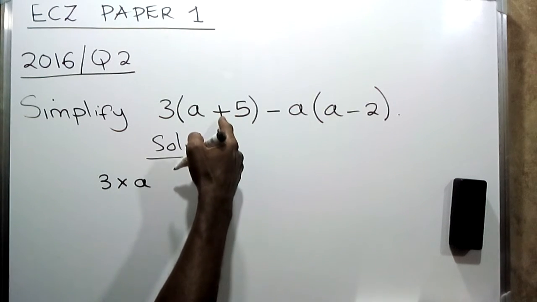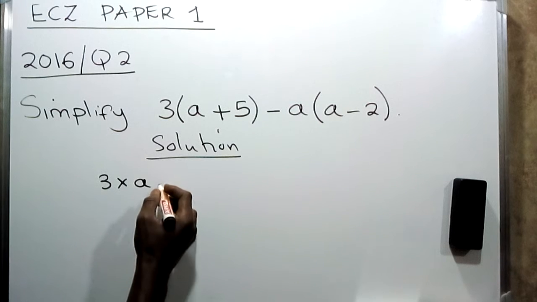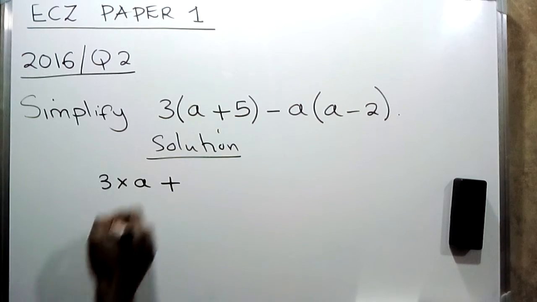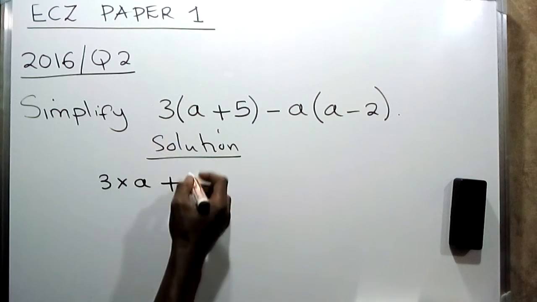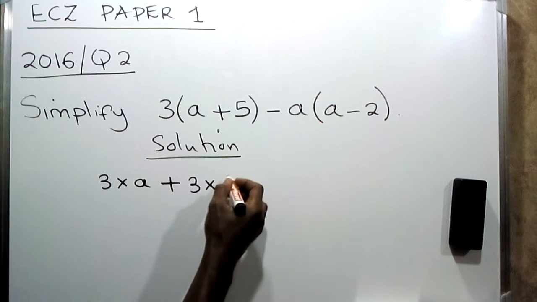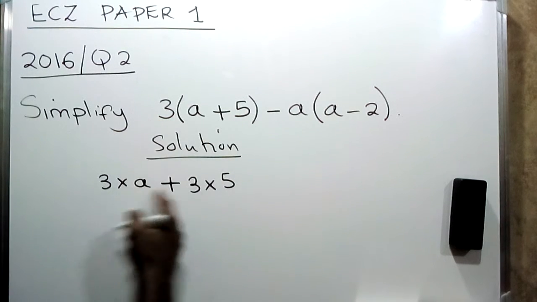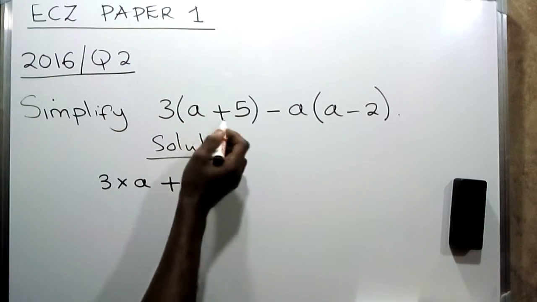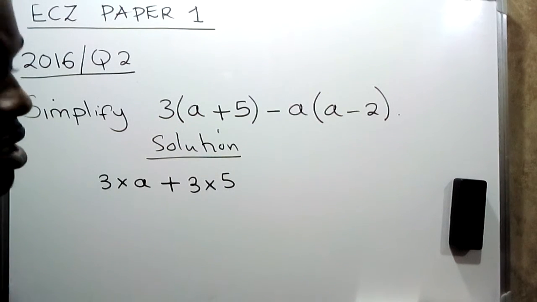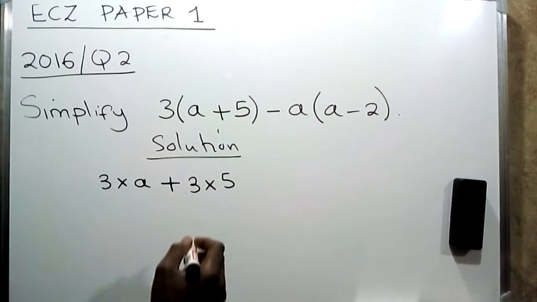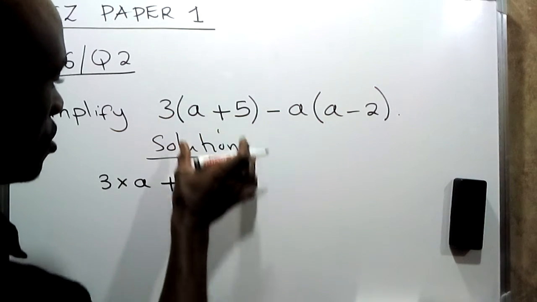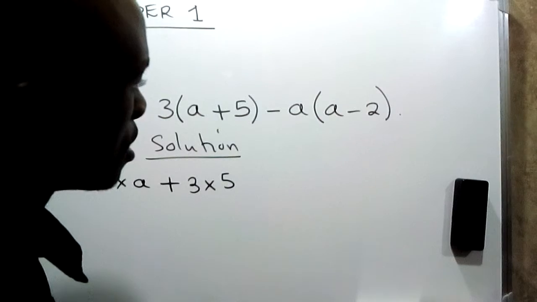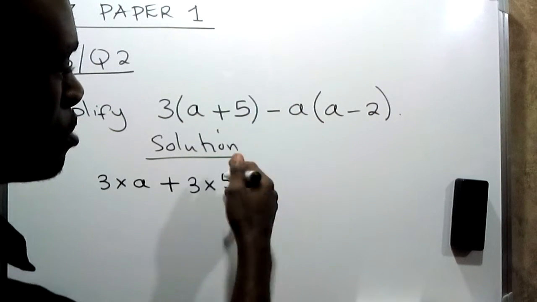But notice that this is positive, so we are adding, so we write plus this one here, 3 times 5. So what we have just done here, we have distributed this 3 to each of the terms in the brackets, the distributive law. So since we are done here, we now move on to the other one, which is this one. So we do the same thing.